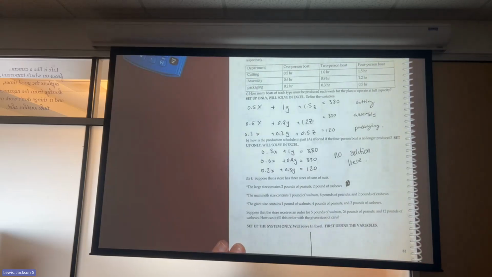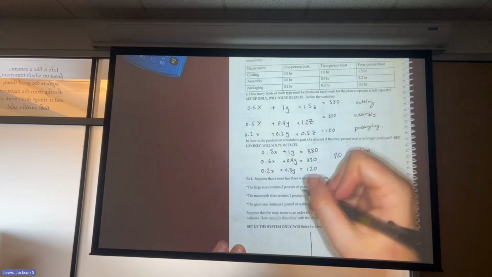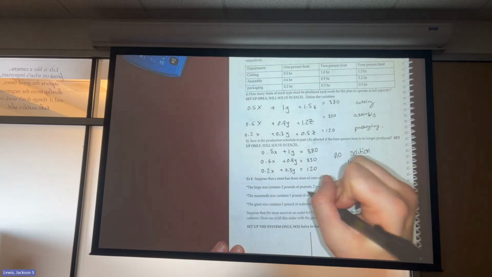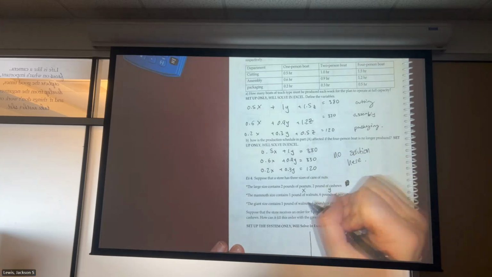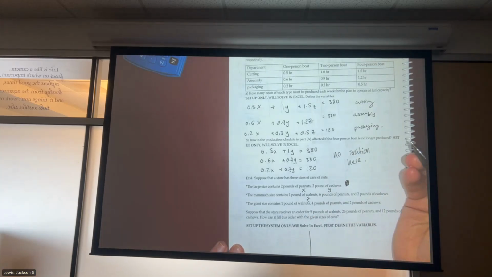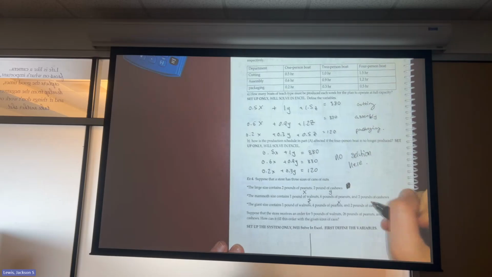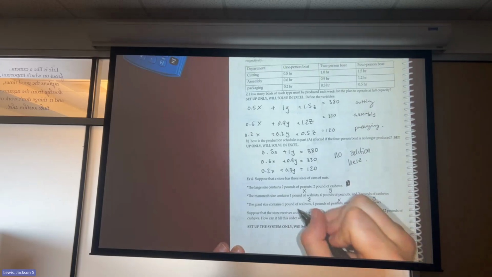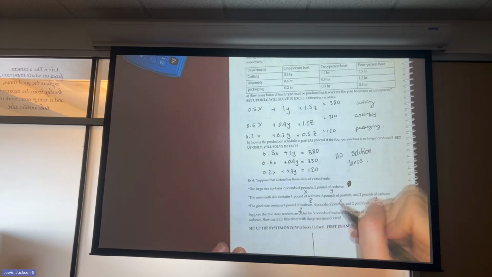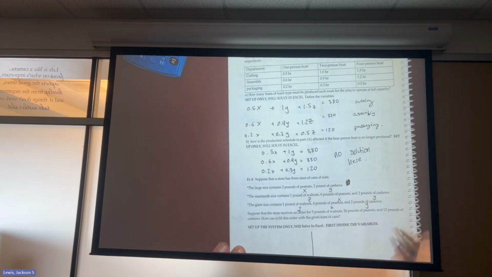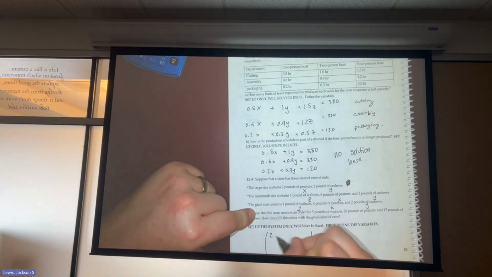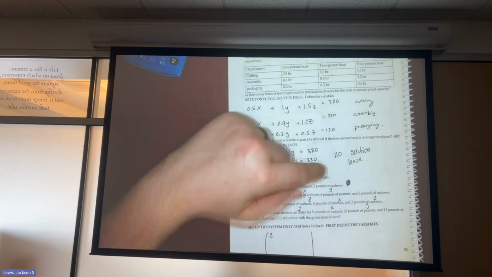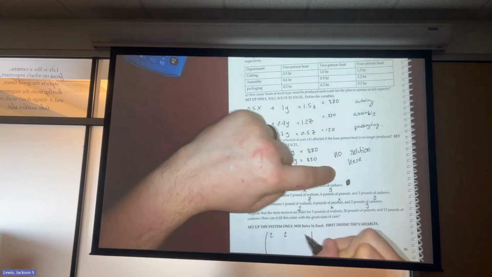So maybe I'll let peanuts be X, cashews be Y, walnuts be Z. Yes, peanuts are X, cashews are Y, and walnuts are Z. So the large size contains 2X and 2Y and 0Z.